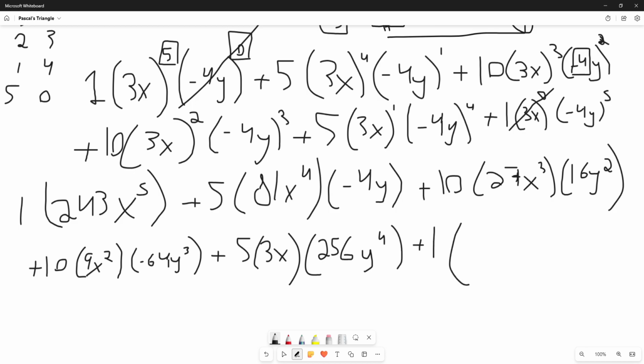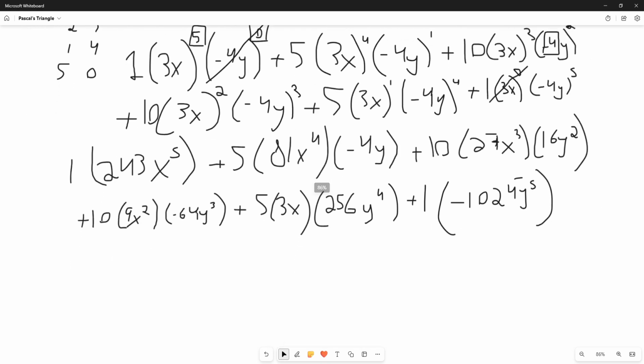Remember, we ignored this term, the 3x to the power of 0. Minus 4 to the power of 5 is minus 1024. Remember, negative odd exponent, negative 1024 with y to the power of 5.